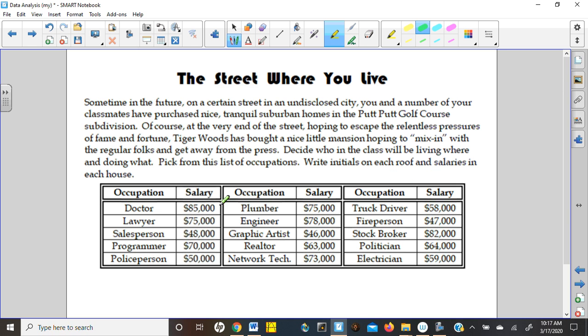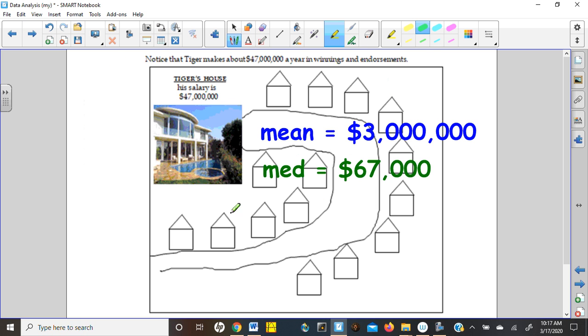Some of these salaries may be a little lower, but most people would end up making somewhere between $50,000 to $80,000, depending on their chosen career. We would then go buy a house on the street. And the problem is that Tiger Woods also lived on the street. At the time, he was the world's most highly paid athlete, making around $47 million a year.